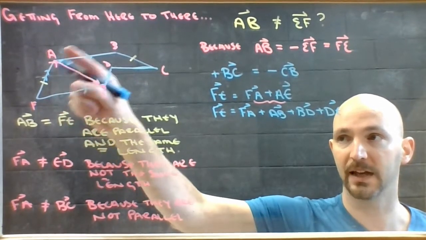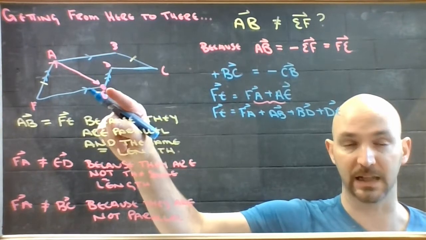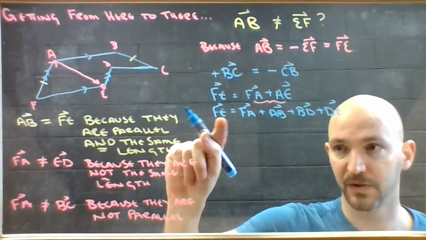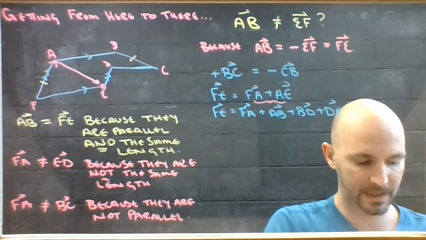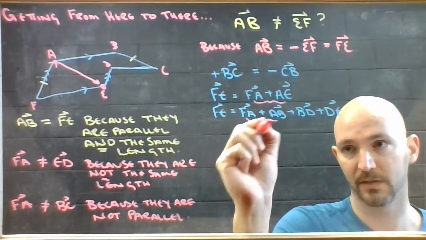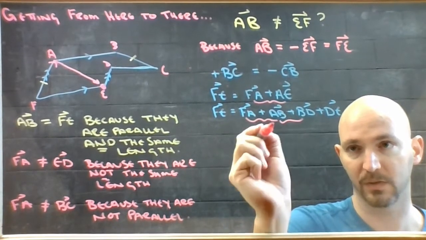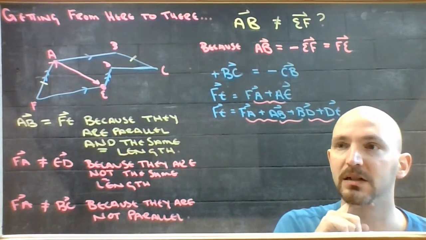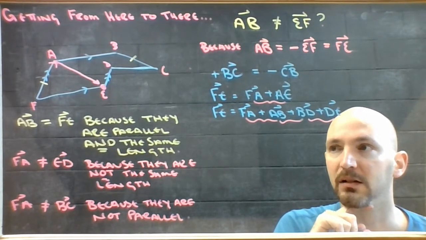F to A to B, B to D, D to E gets me to the same location as if I went straight from F to E. And again, you notice in my construction that those two are back to back, these two are back to back, these two are back to back. So I have a nice continuous path.